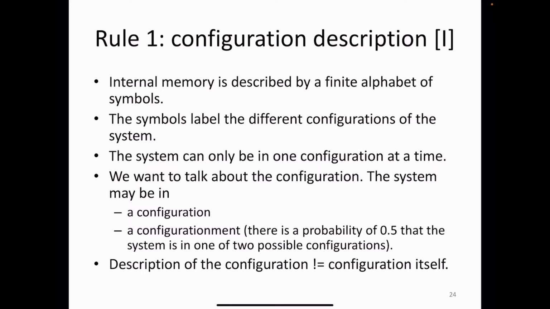And we talk about configurations and a configuration description. A configuration description means that there is a probability of 0.5 that the system is in one of two possible configurations. So the description of the configuration is not the configuration itself.